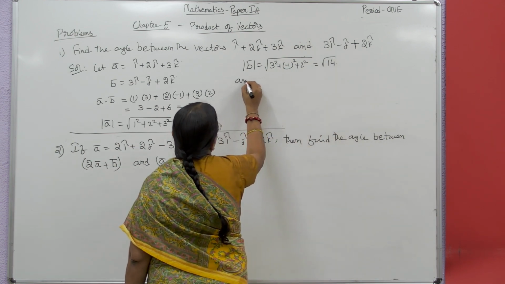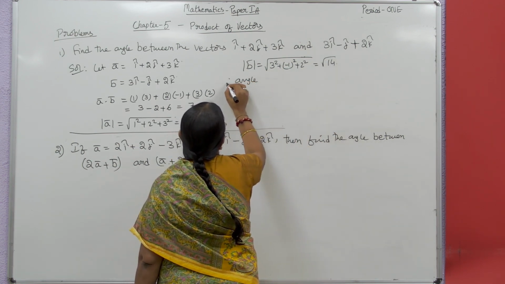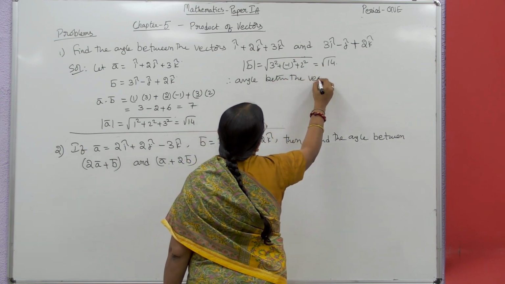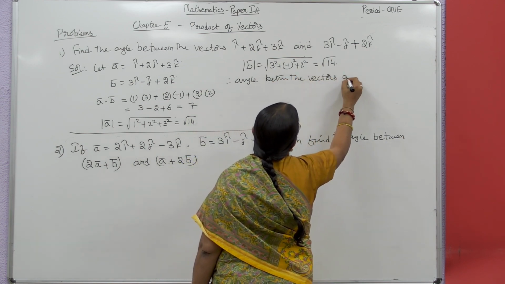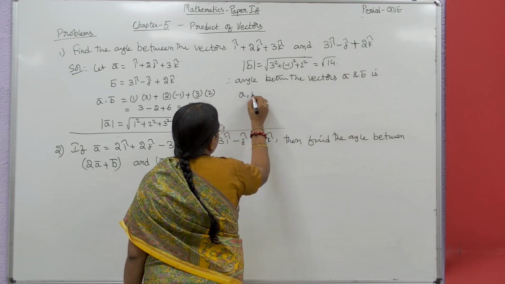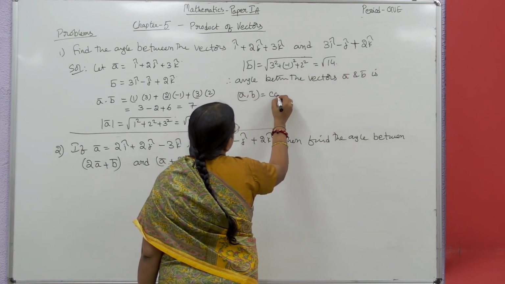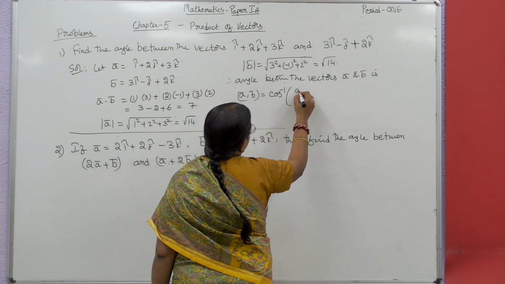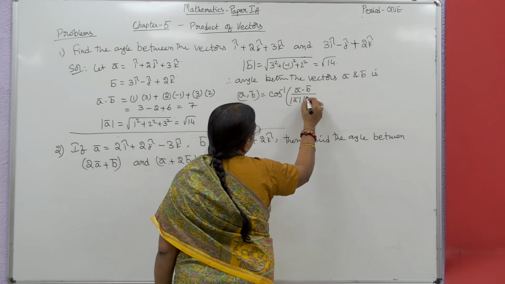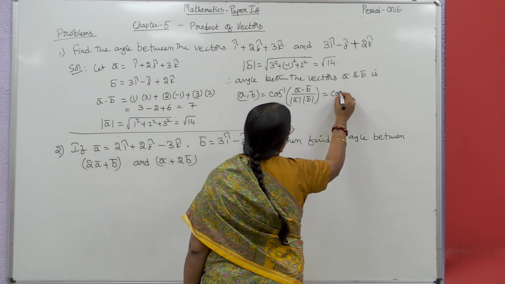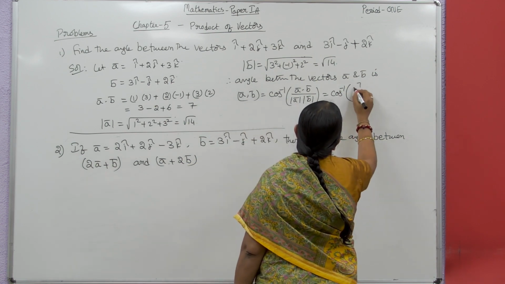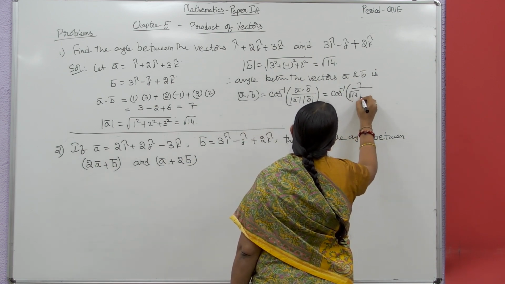So the angle between the vectors A and B is given by the formula cos inverse of, first write the formula. So writing the formula, I'll get 1 mark. A dot B by mod A into mod B. So this is cos inverse of A dot B, A dot B is 7, 7 by root 14 into root 14.